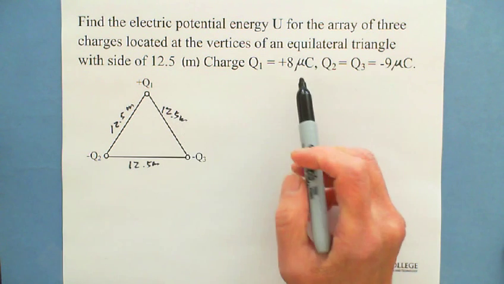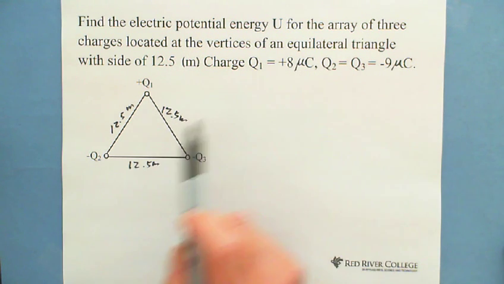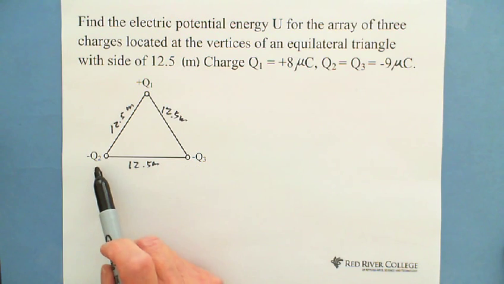Q1 is a positive charge of 8 microcoulombs. Q2 and Q3 are both negative 9 microcoulombs.